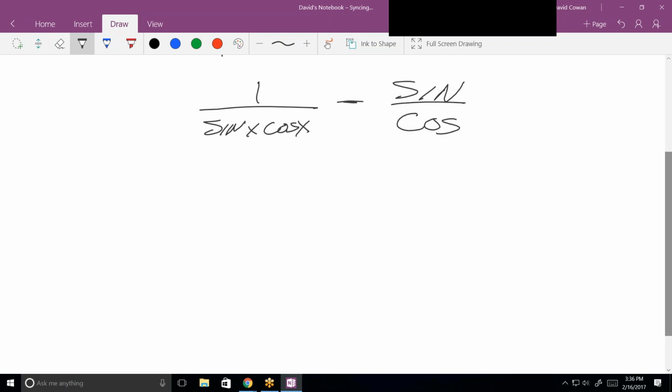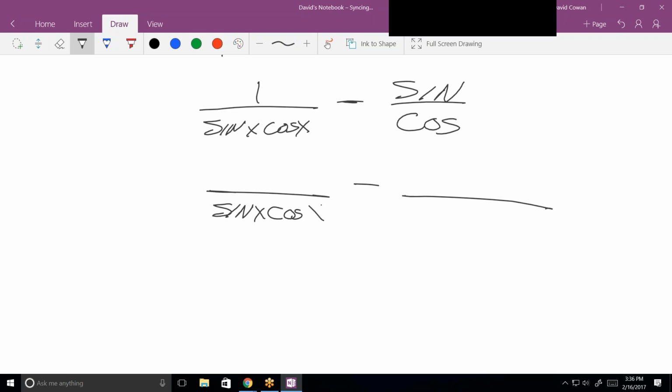Find a common denominator, which is going to be sine x cosine x. Is it cosine squared or just cosine x? Just cosine. A common denominator merely needs to be divisible by each denominator evenly. So that is my common denominator.